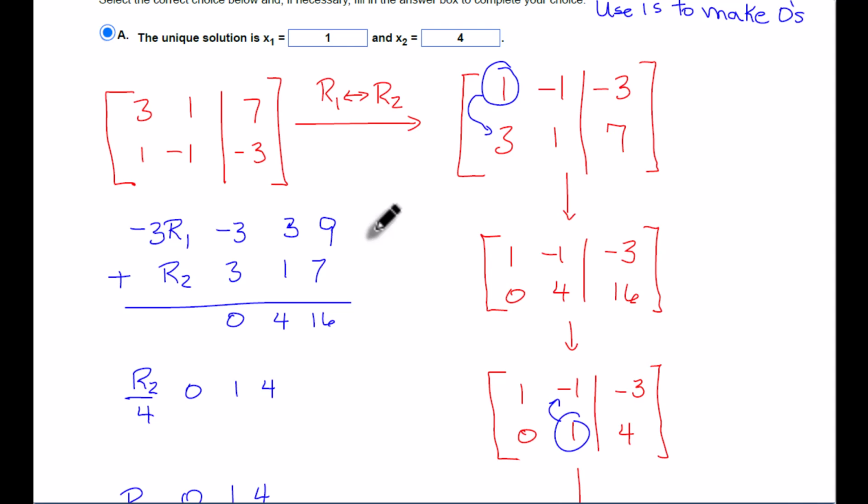All right, so let's see. I'm going to take row 1 and multiply all the way through by -3. I'm going to add that to row 2. All right, so I get a 0, a 4, and a 16.